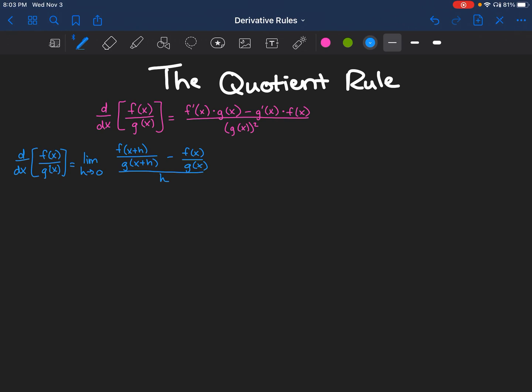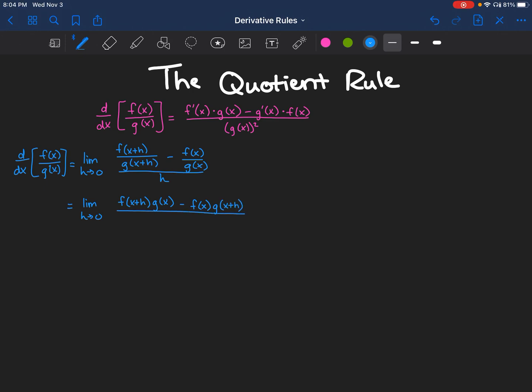So the trick there again is I want to kind of make a denominator out of this numerator just so I can deal with it a little bit easier. So let me go ahead and do that. Limit as h goes to 0 of, and so this first part is going to need a g of x, so f of x plus h times g of x. Then we'll subtract, and that other fraction needs the g of x plus h.